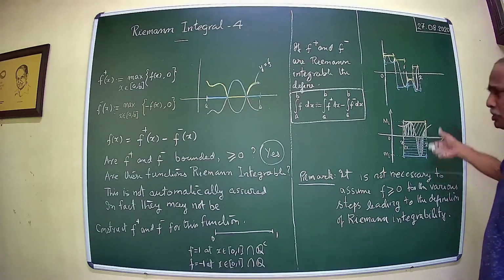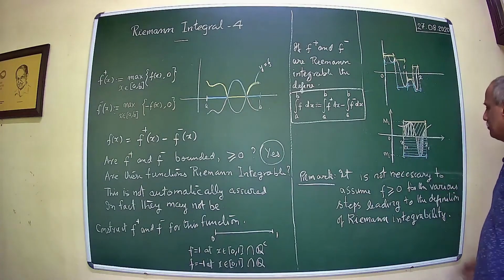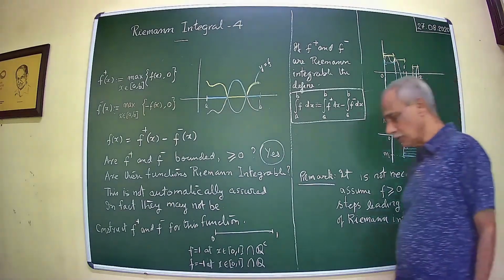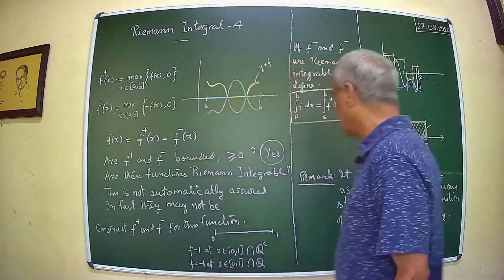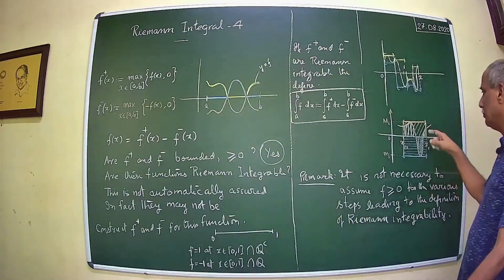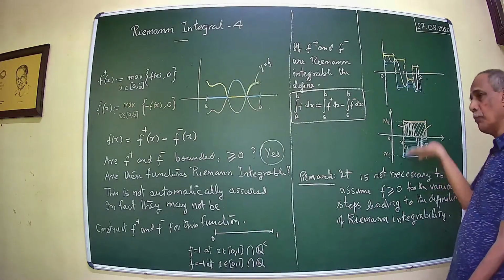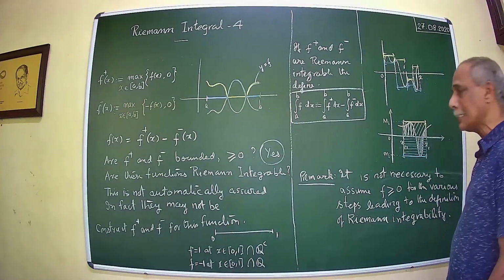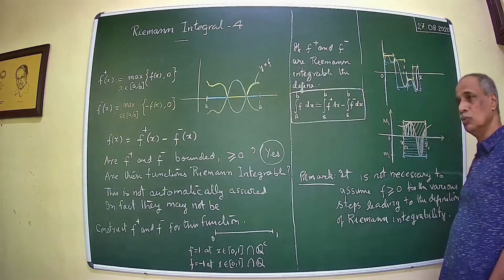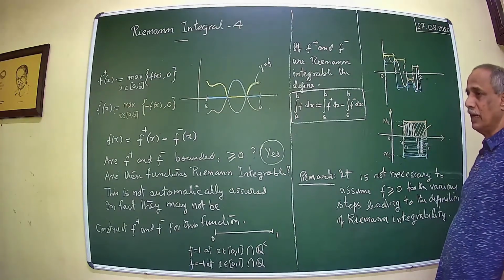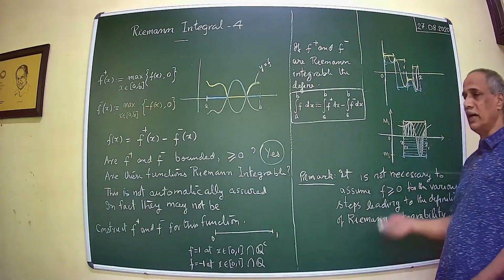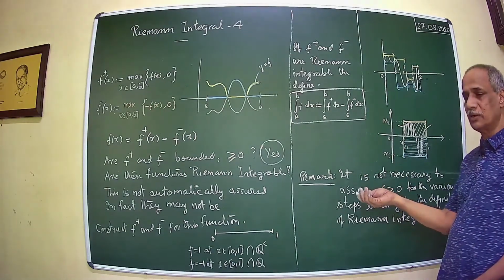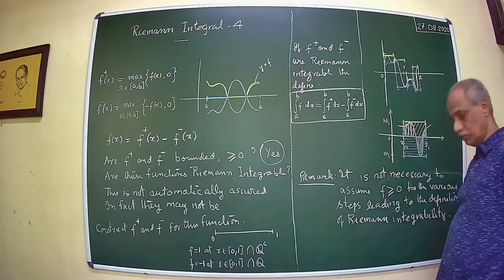And again, all those comments hold: if you refine your partition, then the lower sum moves upward and the upper sum moves downward. And the lower sums are all bounded above and the upper sums are all bounded below.